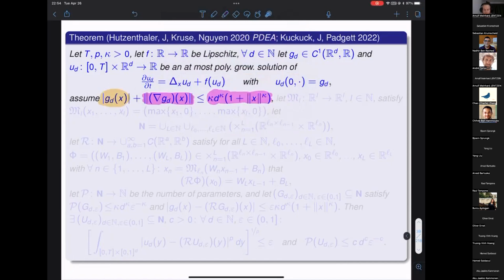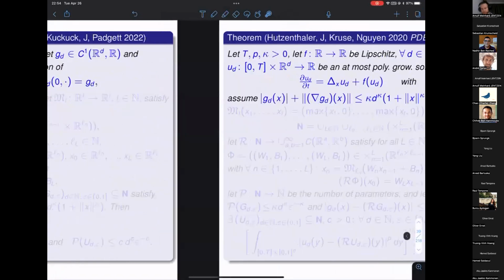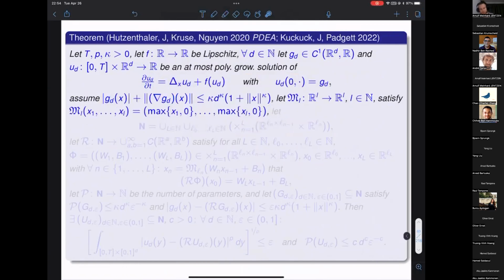And now we precisely formulate these neural networks. Here is the multidimensional rectifier function, these functions M_L from R^L to R^L, where M_L of (x1, x2, ..., xL) is equal to the maximum of x1 and 0, the maximum of x2 and 0, and so on, up to the maximum of xL and 0.